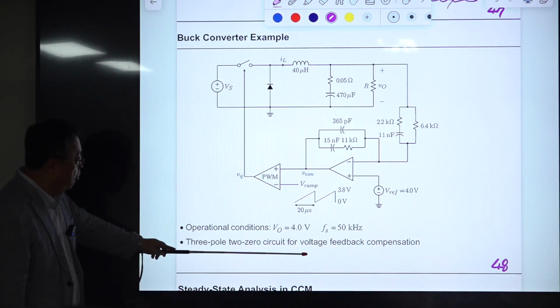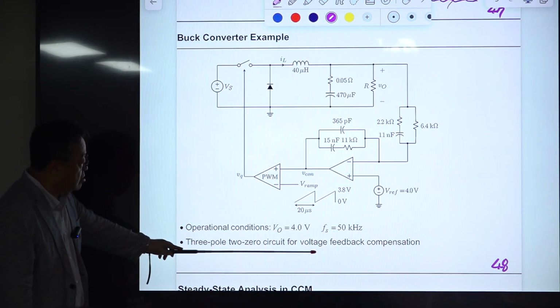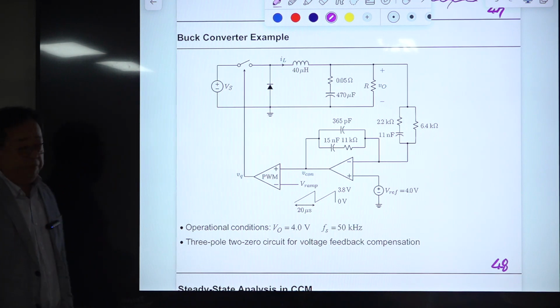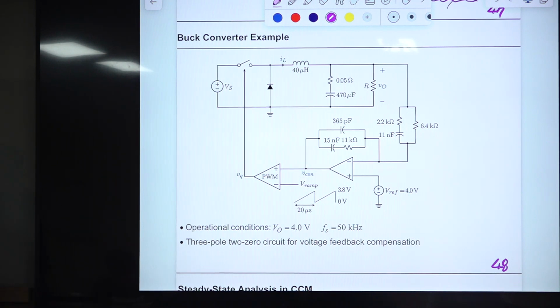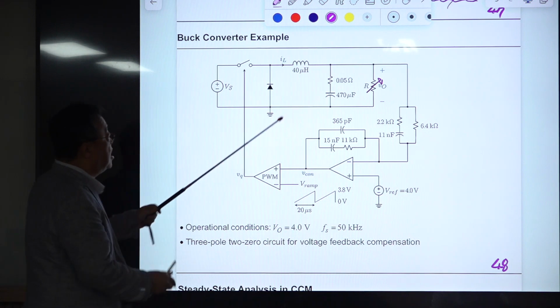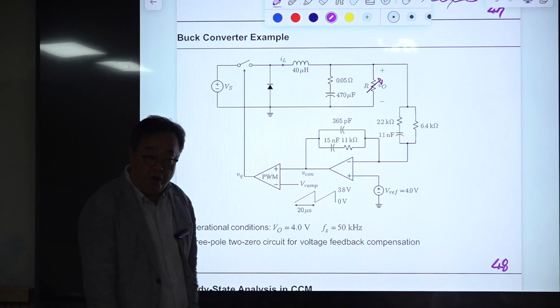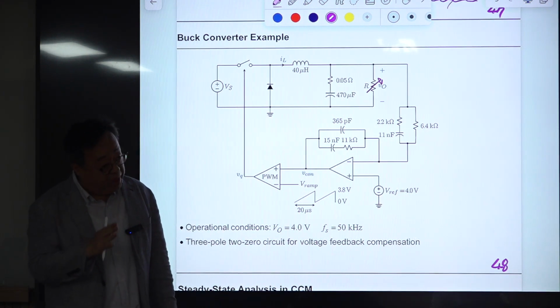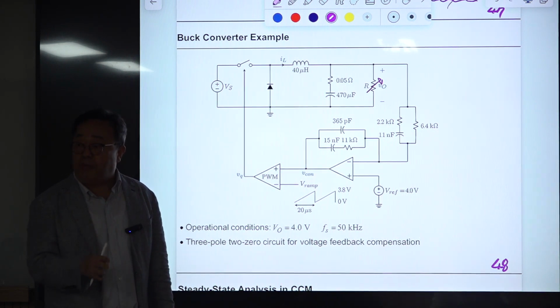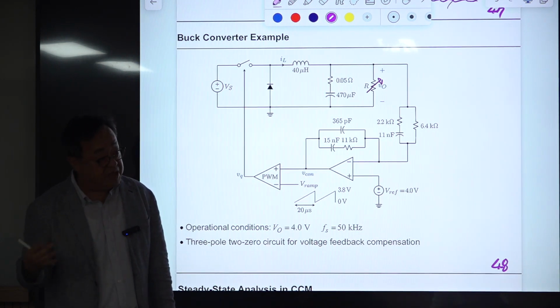We use the 3-pole 2-zero circuit for the voltage feedback compensation. And in the transient response, we will be changing this. The value of the resistance will be increased and decreased, and it will be decreased beyond the level of R critical, which places the converter on the boundary of DCM and CCM.